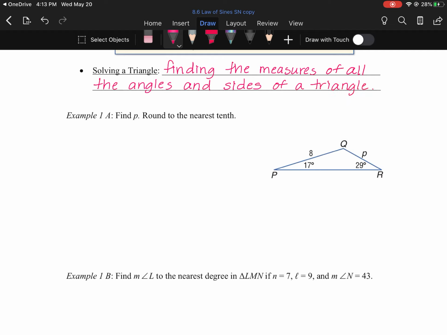We know a triangle has three angles and it has three sides. So when the directions ask us to solve a triangle, we have to find 6 total pieces of information.